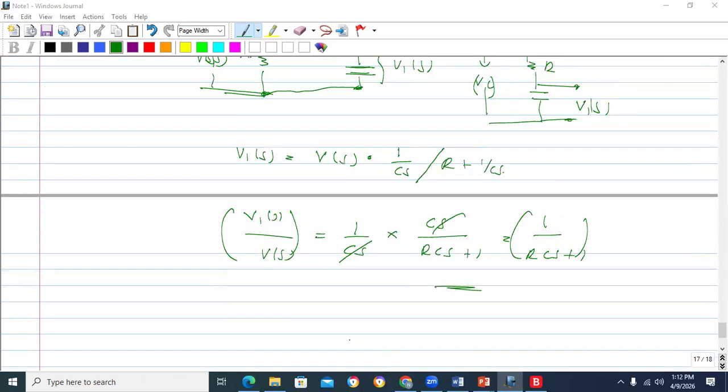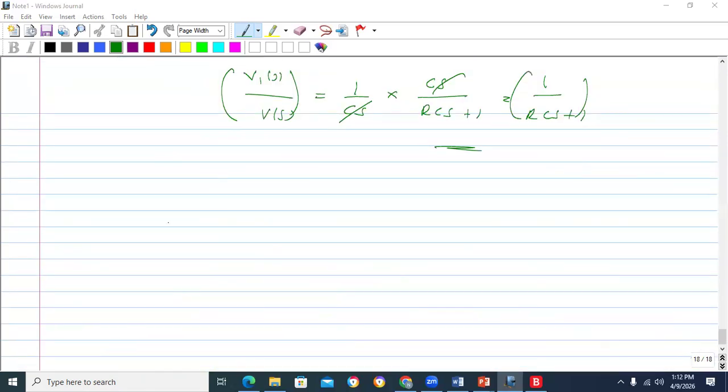Sometimes maybe you will be asked to find, for example, I1 divided by Vs, this value. This is also a transfer function. You can have S terms and R, L and C terms.